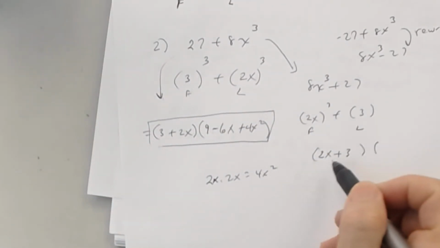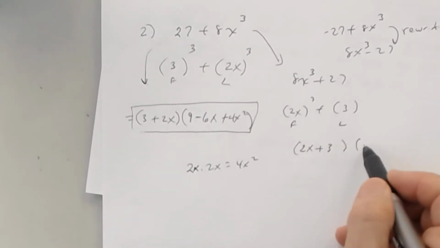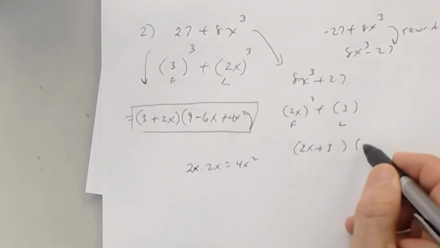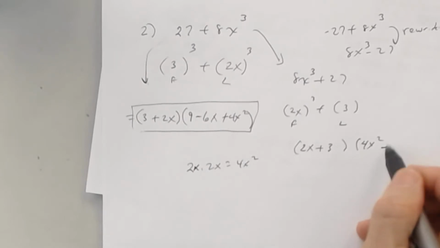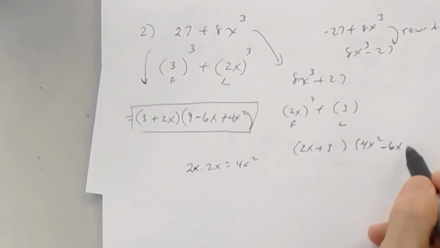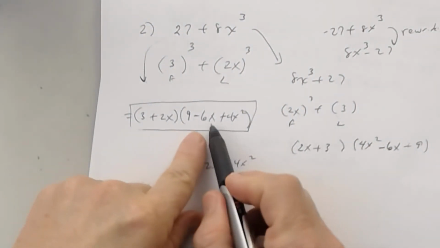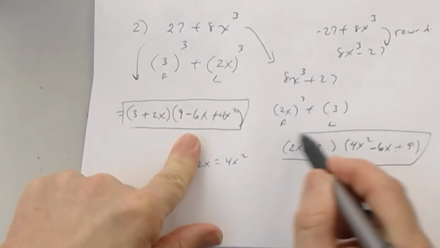But if I had put 2x plus 3 instead, then for the first term of your trinomial, what's 2x times itself? 4x squared. Minus, what's 2x times 3? 6x, and then plus, what's 3 times 3? 9. Do y'all see that this right here is the same as this? Okay, so it did not matter which one you did.